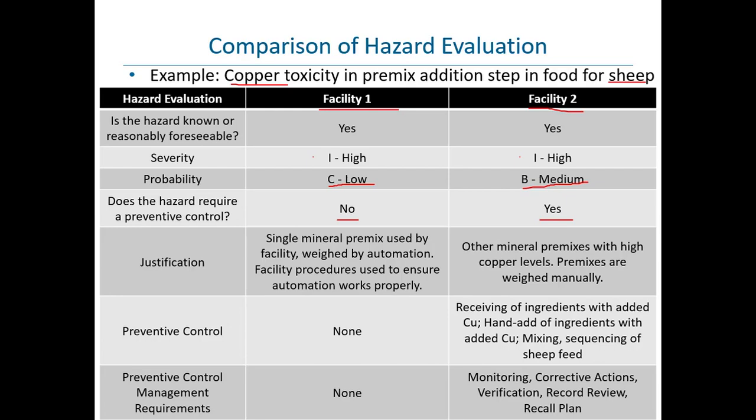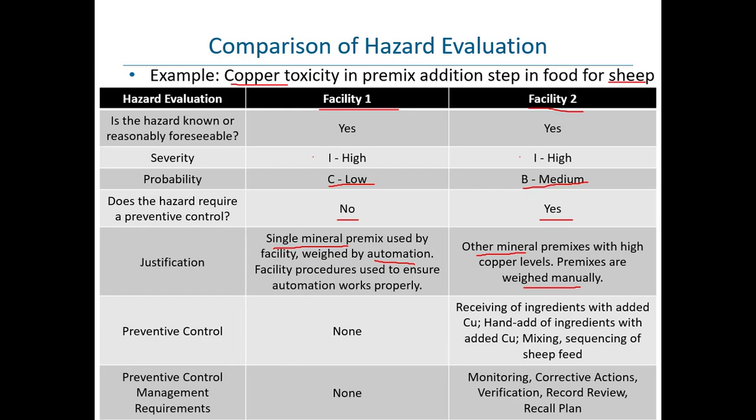There's two major things that you should have picked out. Number 1, facility number 1 only uses a single mineral premix, while facility number 2 uses multiple mineral premixes. So the likelihood of things getting mixed up in facility number 2 is much higher. The other big difference is automation versus manual weighing.